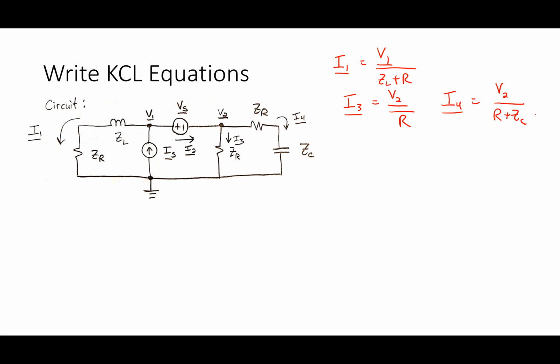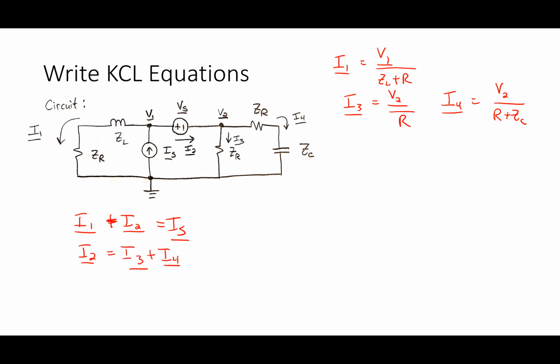How do I use the supernode relationship in terms of I1, IS, I3, and I4? We said at node 1, I have I1 leaving and I2 leaving, and that has to equal IS. And at node 2, I had I2 going in and I3 plus I4 going out.